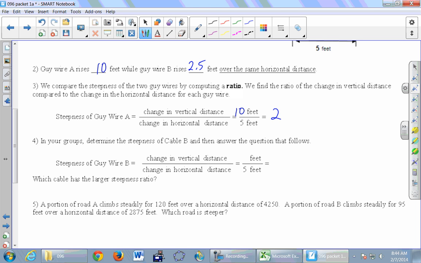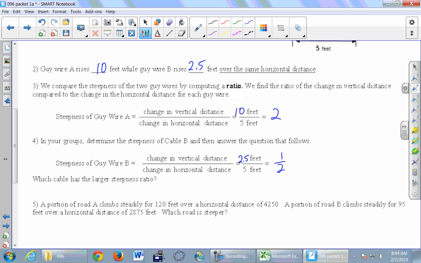It's a 2. Now, the 2 doesn't really tell me anything until I compare it to some other steepness, like the steepness for B. So looking at cable B, we want the change in vertical distance. What is it for B? It's 2.5. And it's the same horizontal distance of 5, so 2.5 over 5 reduces to 1/2.